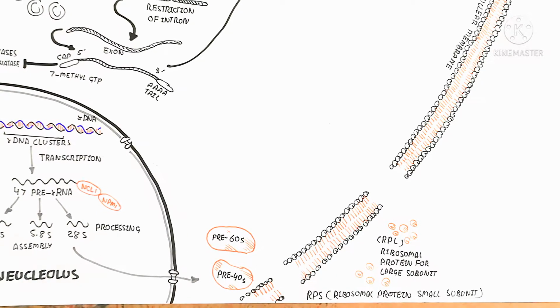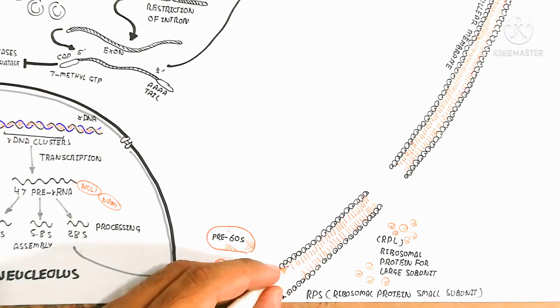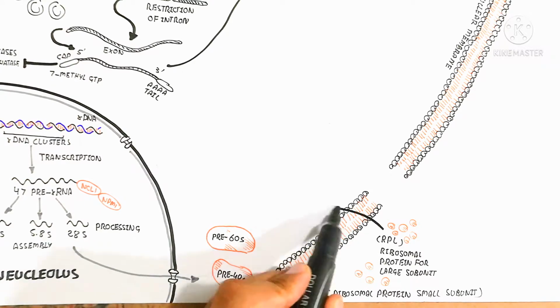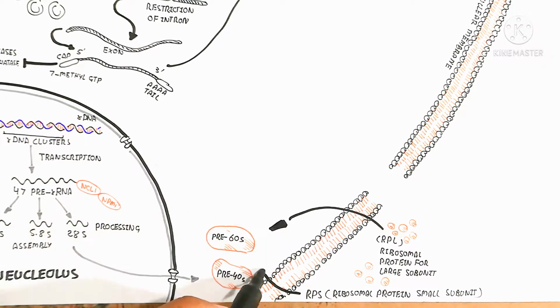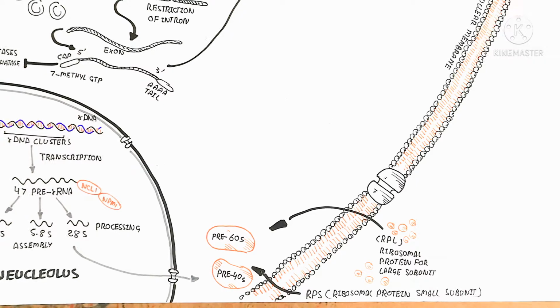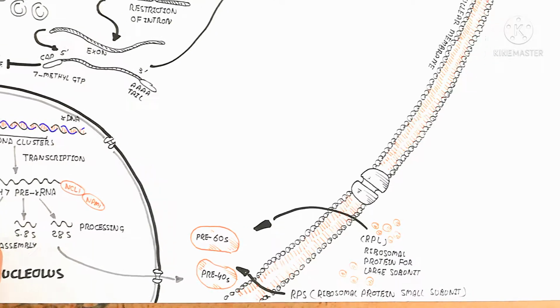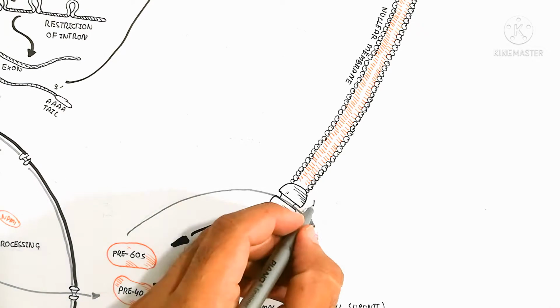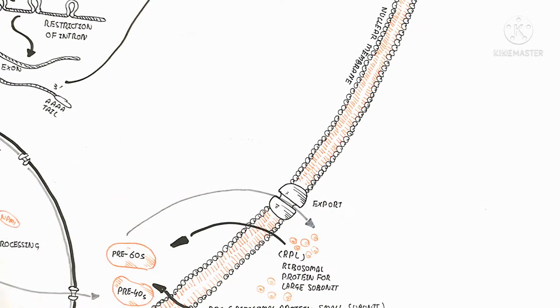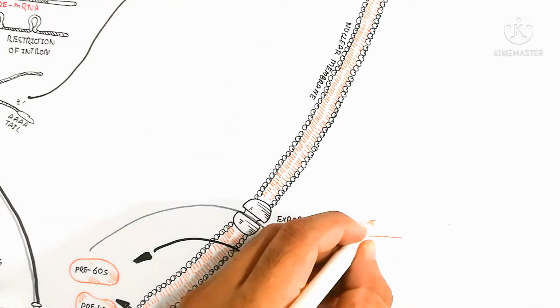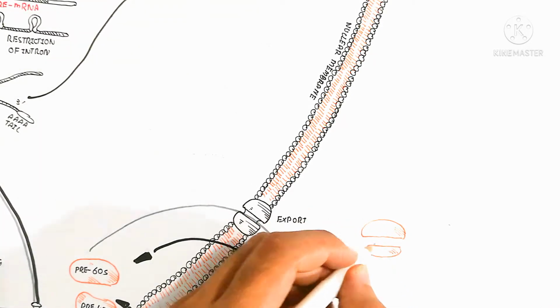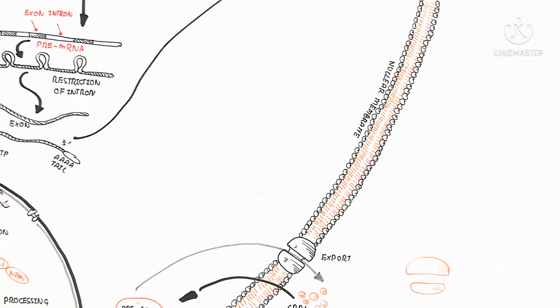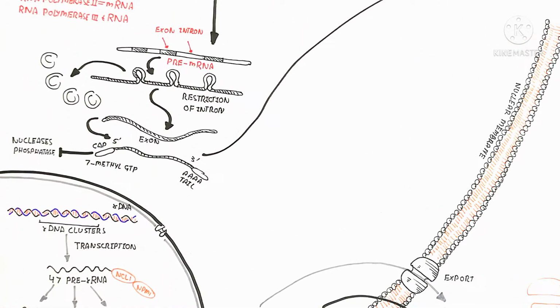After this addition, the ribosomal RNA will have the protein added. So it means the protein is less, but the RNA content of the ribosome is higher compared to the protein. So after this, exportin will export this ribosome outside.